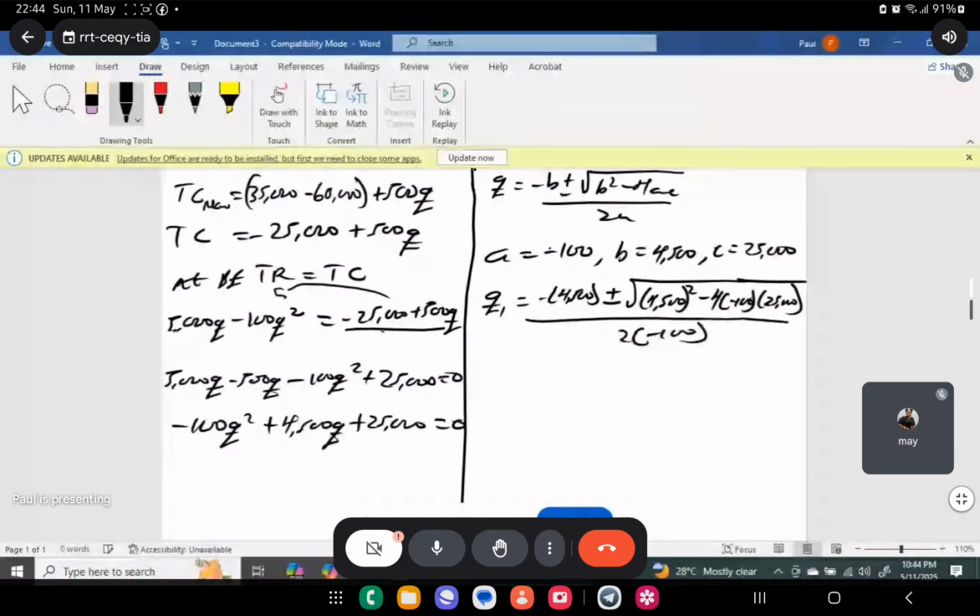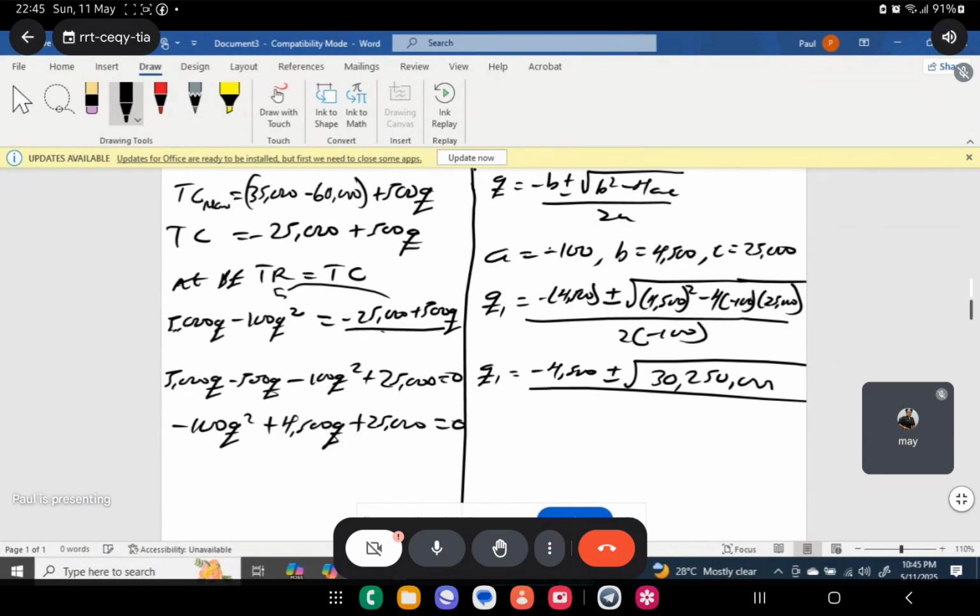So Q1, this will give us minus 4,500 plus or minus the square root of 30,250,000, all over minus 200. So 2 times 100, negative 100 gives you minus 200.